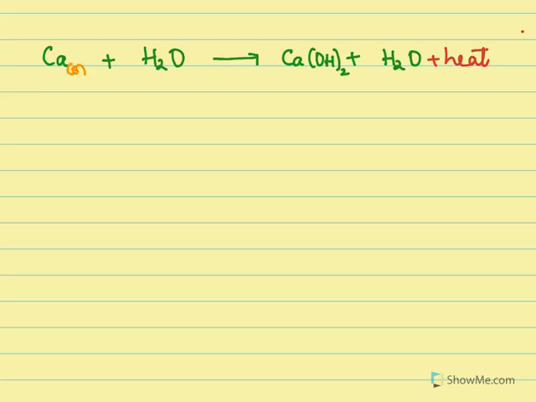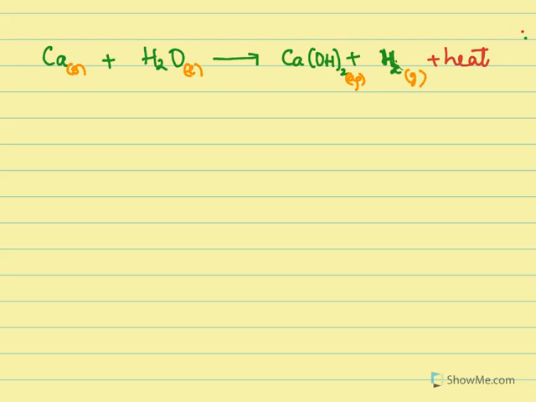Calcium is in solid form. The water is liquid. Hydroxide soluble in water, so it's aqueous. And here we have not water, we have hydrogen, which we know is in gaseous form.